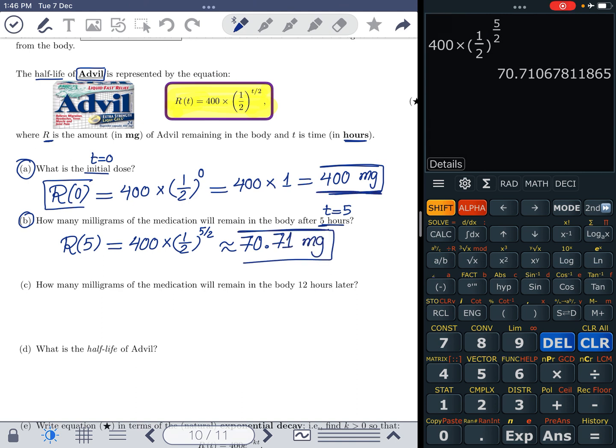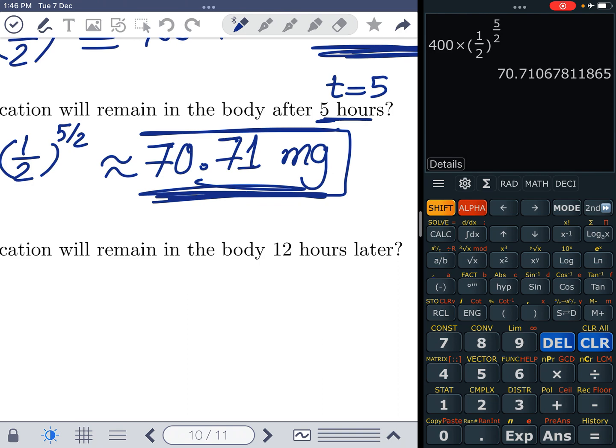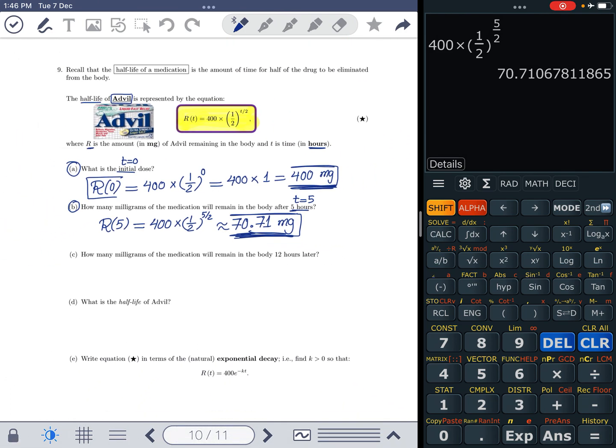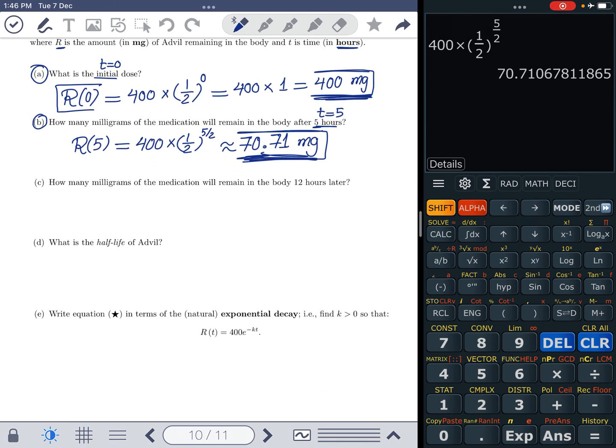So you started with 400 milligrams in your body initially, and then after 5 hours, when they computed how much is remaining, it was only 70 milligrams. So more than 75% of the drug left your body already. And that's why you start feeling that the effects of Advil are wearing off. So now let's go to part C.